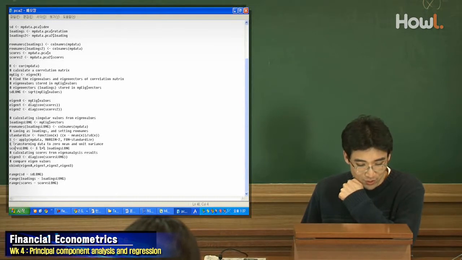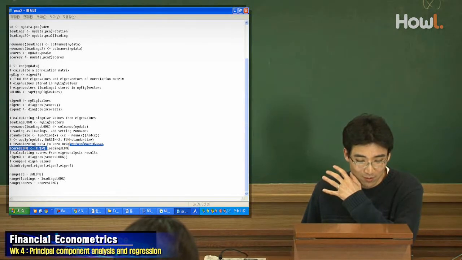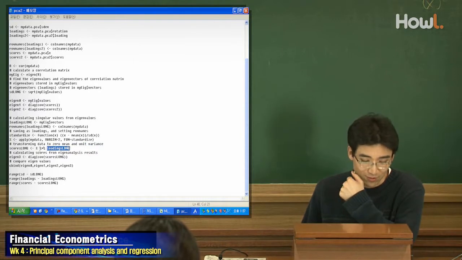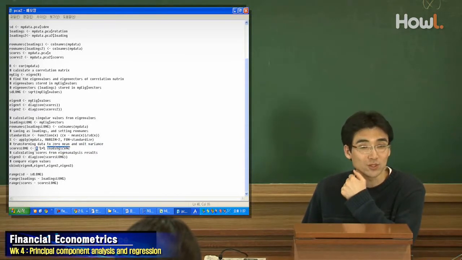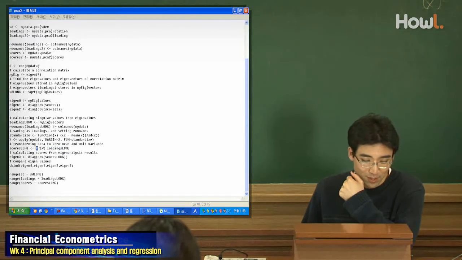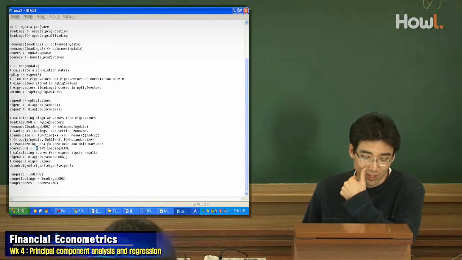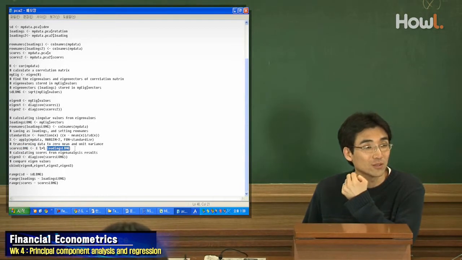And the score matrix, as I explained, is the multiplication of eigenvector and my original data, right? So alternatively speaking, score values are basically my normalized original data multiplied by factor loadings.